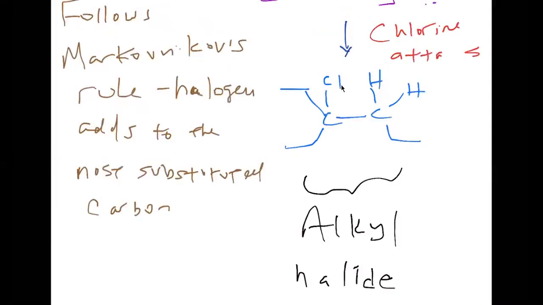Stereochemistry type stuff, regiochemistry. That's what we used to talk about. Markovnikov's Rule. That's a regiochemistry term. Regiochemistry just means, let me go back up to here, it tells you what region the halogen is adding to.